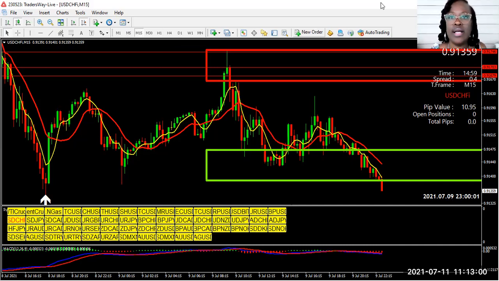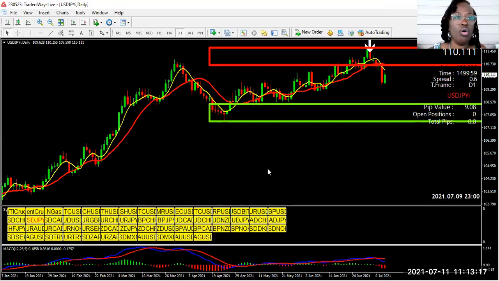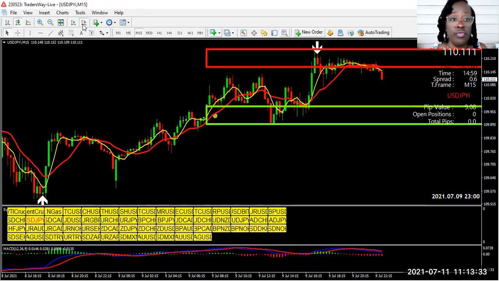So let's see what UJ is doing. Right here on UJ, and I'm on the daily. We have a bearish big arrow telling me that UJ is trending bearish. So we drop down to the 15-minute. I'm looking for a sale. Can you counter trend trade? Absolutely.